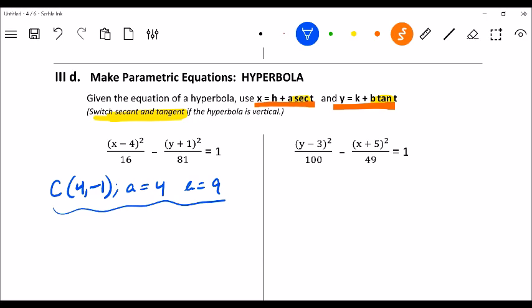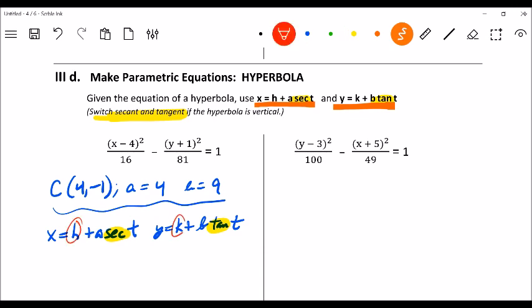So we're going to simply use those formulas. So in a way, it's sort of easy. It's just plugging in, substituting the appropriate numbers. A plus B tangent T. So notice it has the secant and the tangent here. So let's plug in each of these numbers because we know what H is and K is.